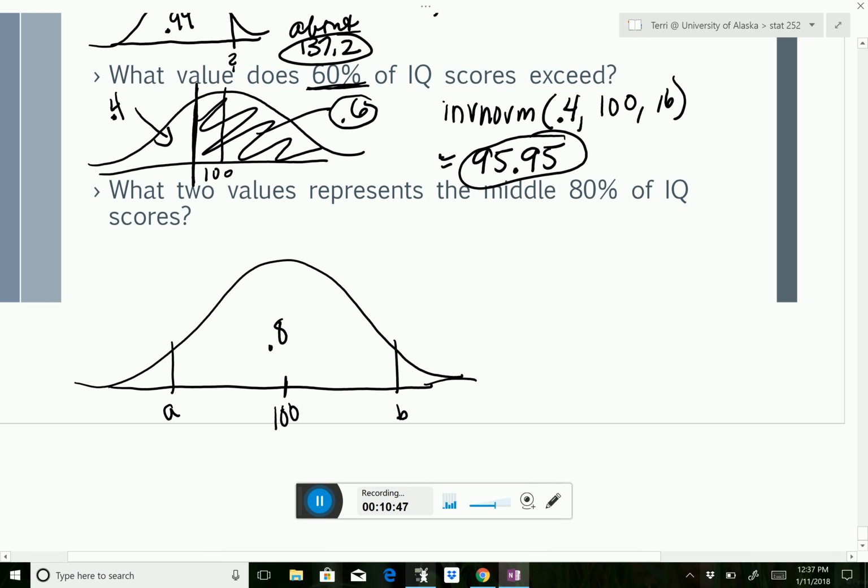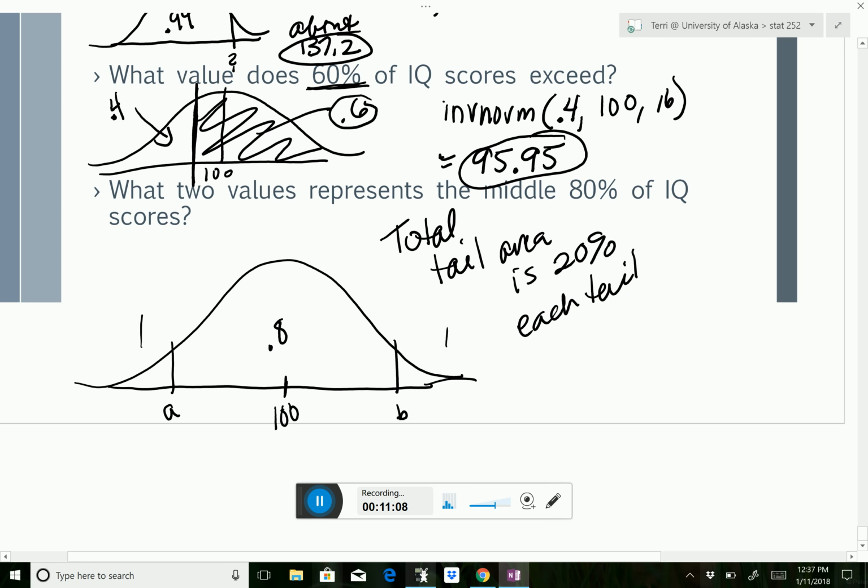It's not symmetric about 0. So these aren't positive and negatives of each other. So if the middle is 80%, what is the total tail area? So the total tail area is 20%. So each tail must be 10%, or 0.1.